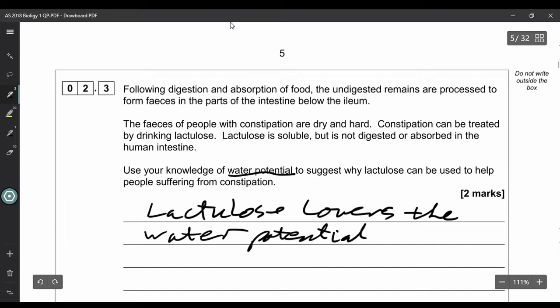So by having that lactulose in there, you're adding a solute, so you're making the water potential more negative. So it lowers the water potential of the contents of the intestine.